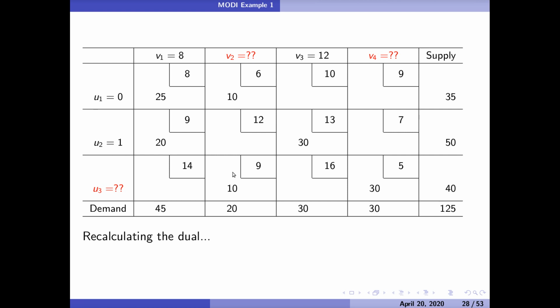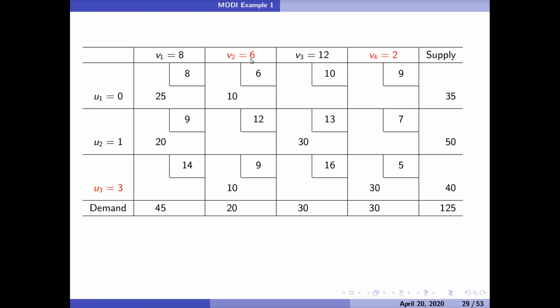And then when I changed that, that also changed u3, and then if u3 changed, that's changed v4. Okay, and so can we see what v2 is going to have to be? Looks like v2 is going to be 6. And then if that changes to 6, then u3 is 3, and then if u3 is 3, v4 is 2.